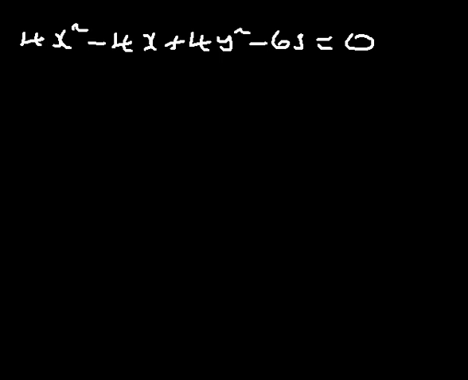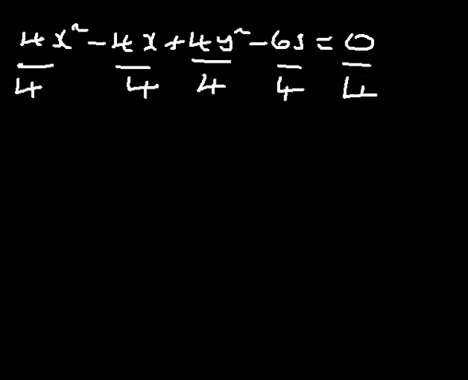First thing you can see is that x squared as well as y squared have a coefficient other than 1. So first you have to make sure the coefficients are 1. So we'll have to divide everything by 4, and mind you, the coefficients have to be the same.